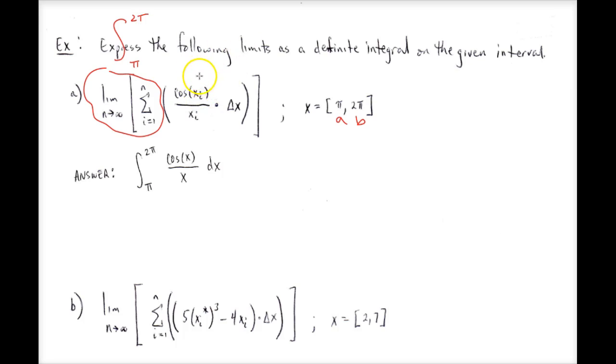And of course, our x of i's here is just the x values that we would plug in, and this delta x, if we are stuffing an infinite amount of rectangles under there, theoretically the smallest width I could have that's greater than 0 is represented by delta x. So that is why when we see this answer here, it would just look like cosine x divided by x, taking the integral of that from pi to 2 pi dx.